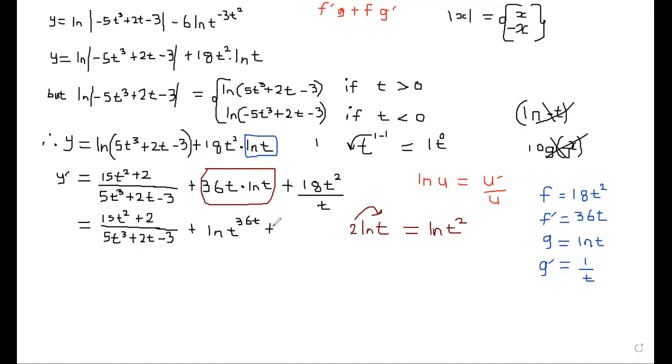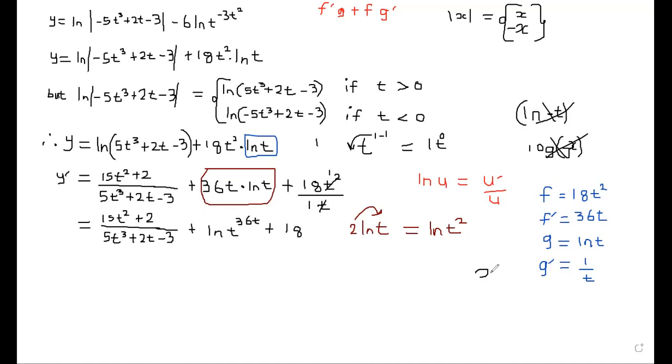Plus, this is like saying 1t, right? Now 18 divided by 1 is 18. The t cancels the other t there to become just 1t.